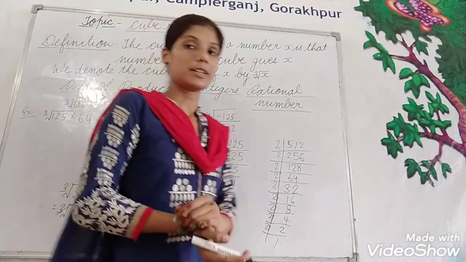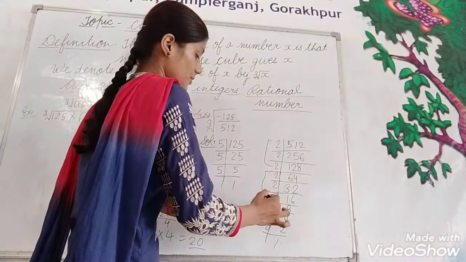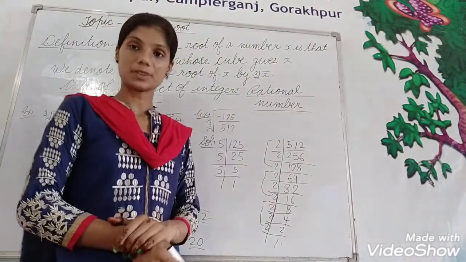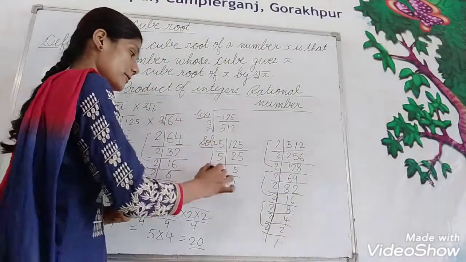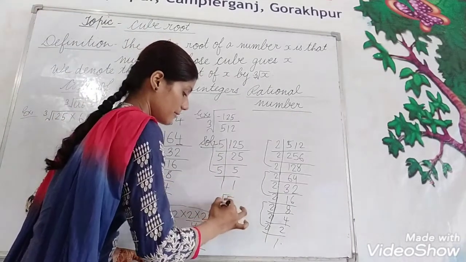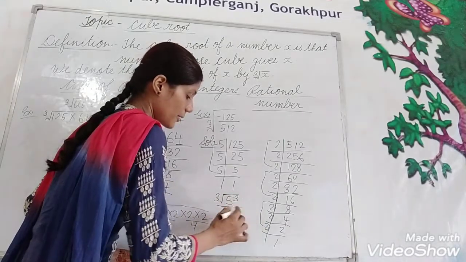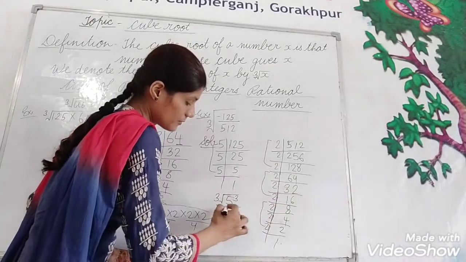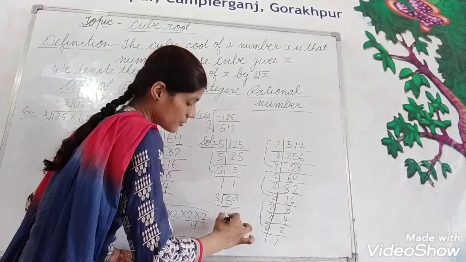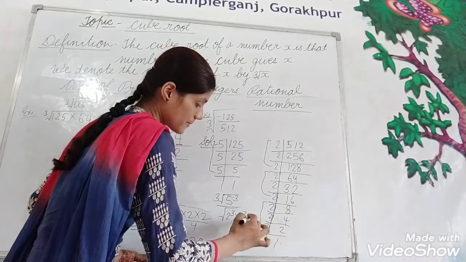Okay. After that we count how many cubes there are: 1, 2 and 3. And here 5, so we write 5 to the power 3, and upon how many 2s? 1, 2 and 3.